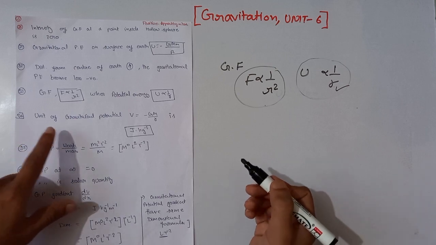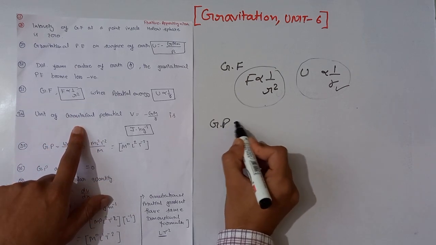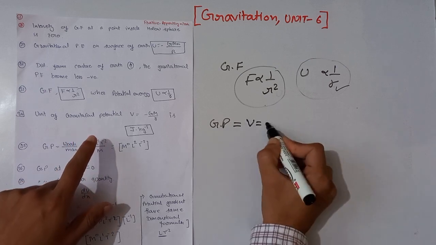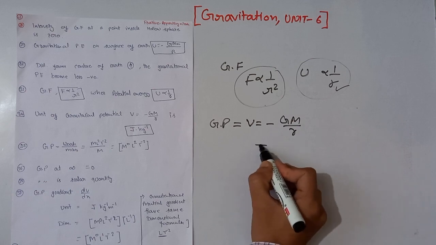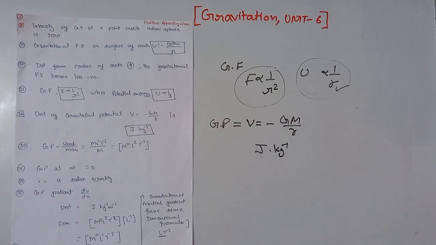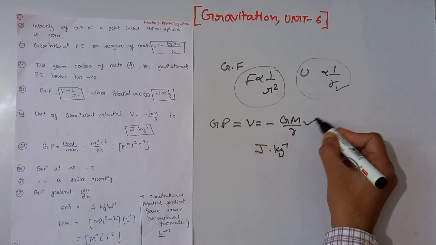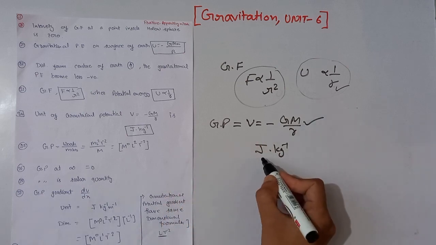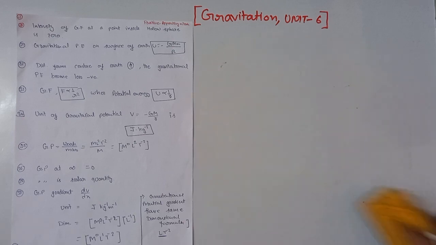Our next key point is gravitational potential. Gravitational potential is denoted by V, which is equal to minus GM divided by R, and its unit is Joule per kg.